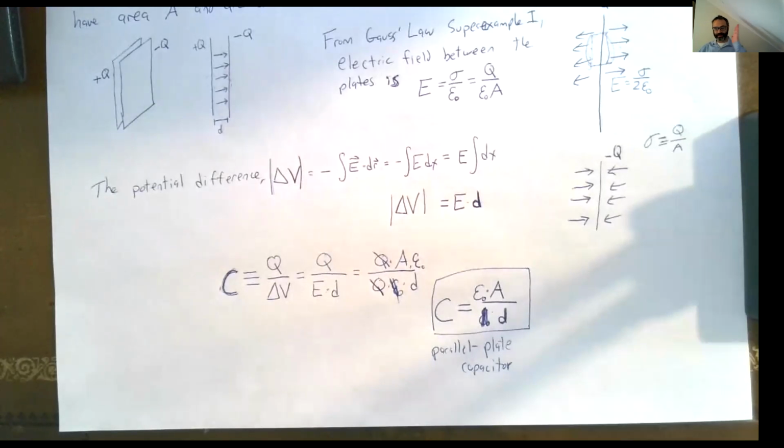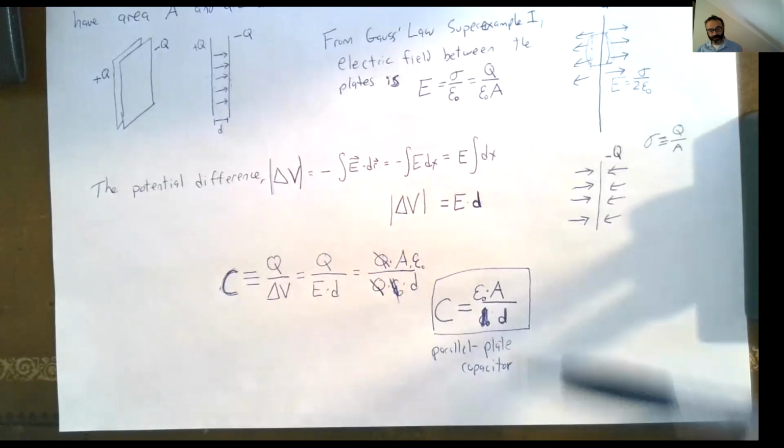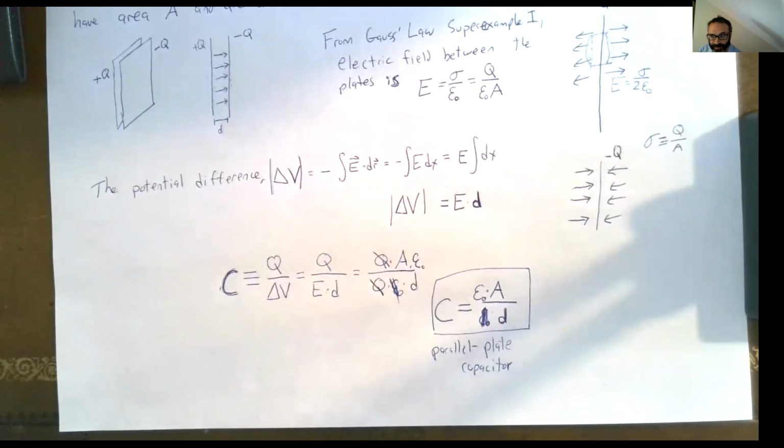The closer together you get those plates, the more charge you'll be able to store at a given voltage. That makes sense because the closer you put those negative and positive charges, the larger the force of attraction, and that ends up with more energy being stored, more potential for those charges to move around afterwards.